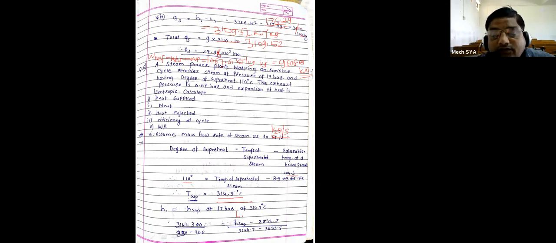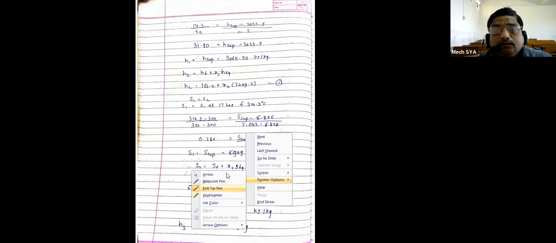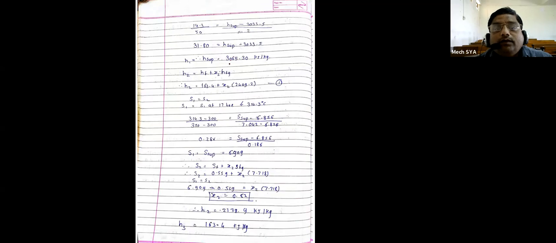The specific enthalpy at 300 is 3033.5, and at 350 it is 3144.7. In this case we are getting H1 equal to 3065.32 by doing the interpolation.